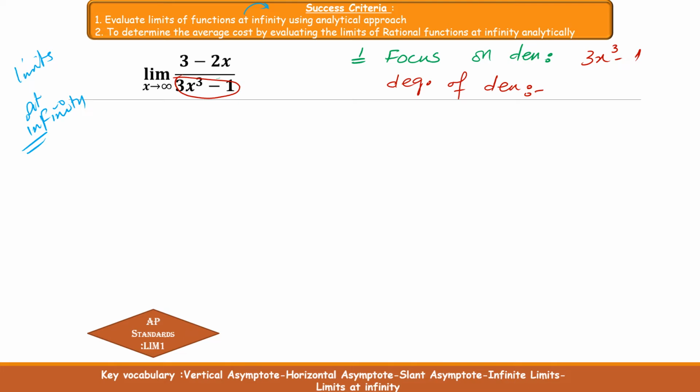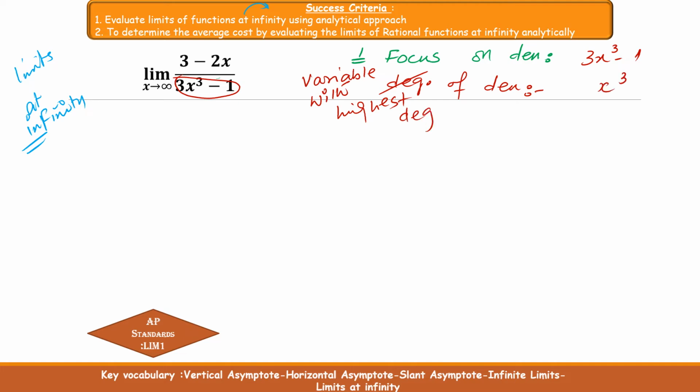The degree of the denominator is 3. So write down the variable with the highest degree: that is x³. The highest degree of the denominator is x³.